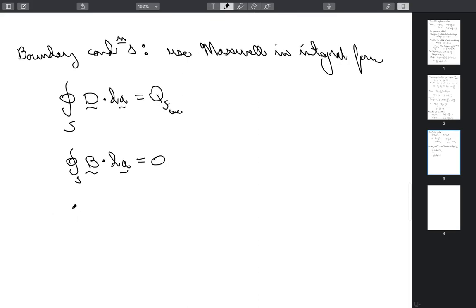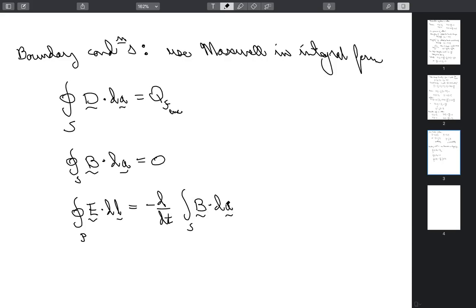If I take the integral of E dotted into dl, here I'm just using Stokes' theorem, so this is a closed circular path, this gives me the time derivative of the flux.